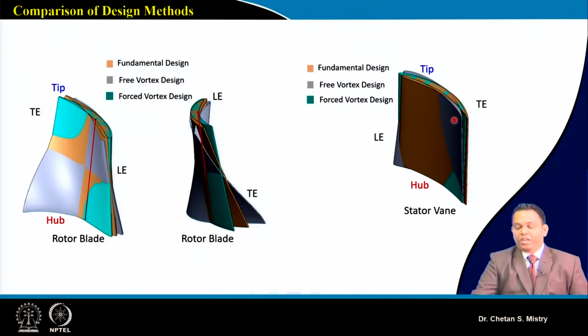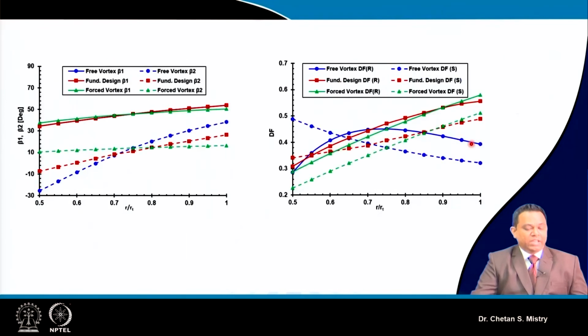In the same way here, if we look at the fundamental approach, free vortex and forced vortex approach, our stator will also be less twisted. Let's see, in comparing all the three methods, what we have discussed up till now. Here the green color is representing my forced vortex approach.